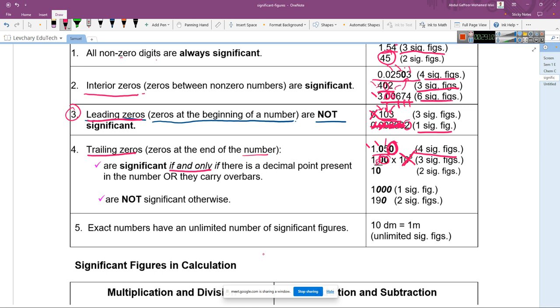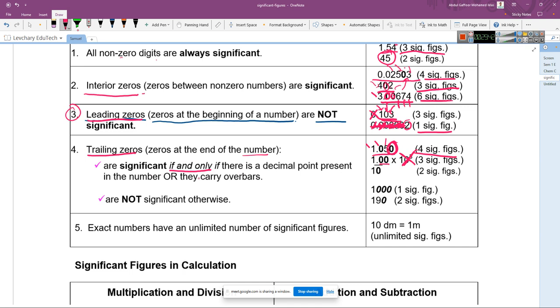So how many significant figures do we have here? We have one. How one? Will we not consider these two trailing zeros? Well, they are at the end of the number.